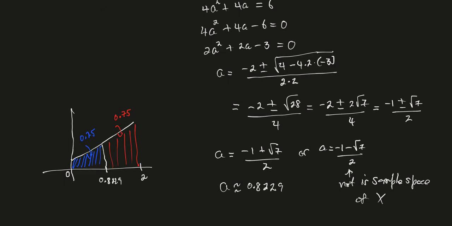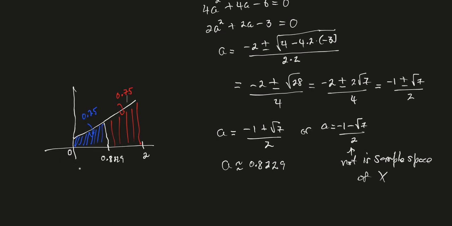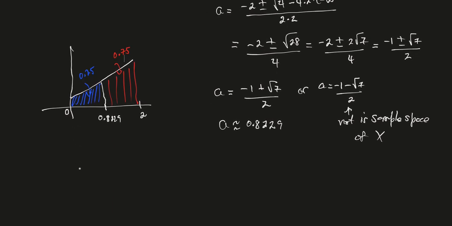So this is our 25th percentile. Now, there's another important percentile, the one that breaks the distribution exactly in half, the 50th percentile, also called the median.